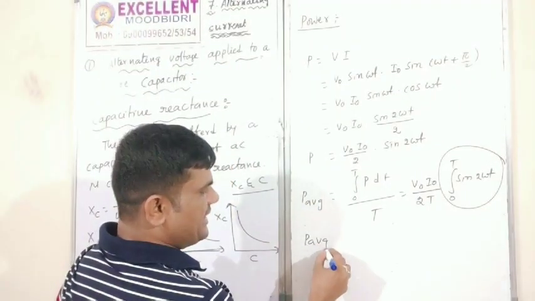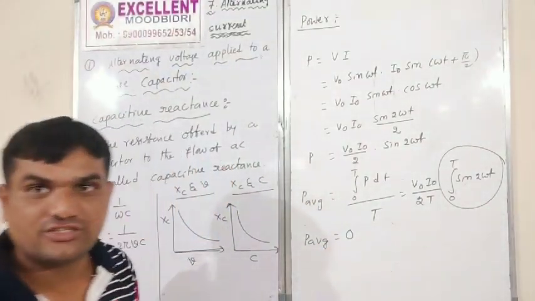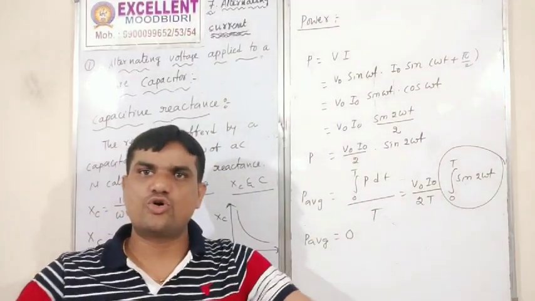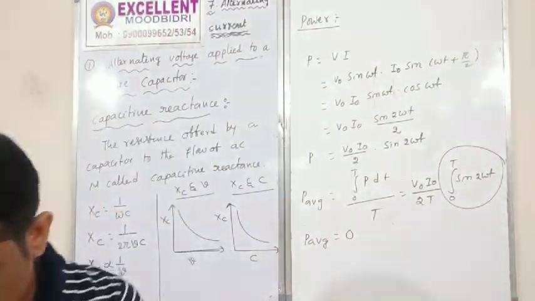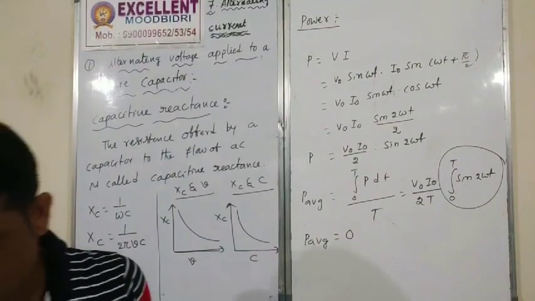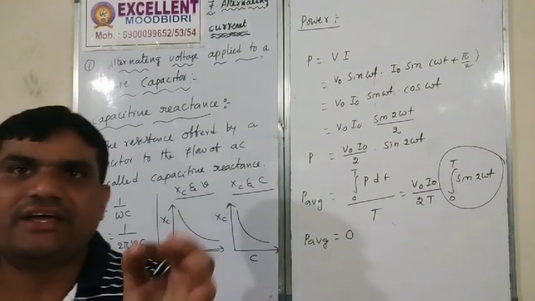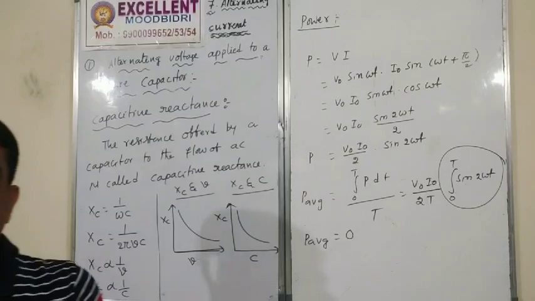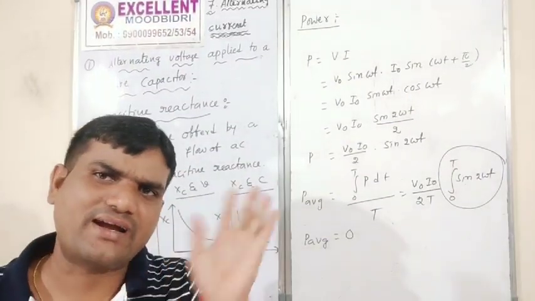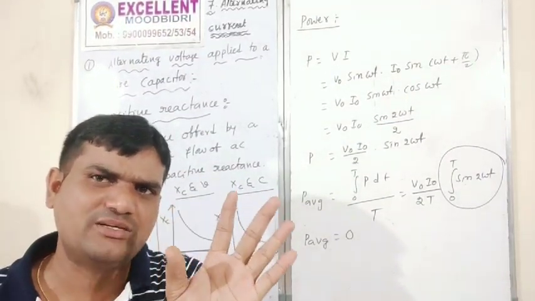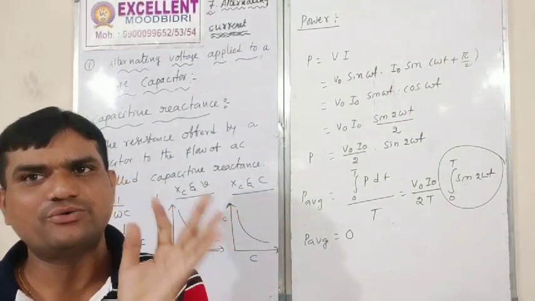Therefore, average power is equal to 0. There is no power consumption in a purely capacitive circuit. Remember, there is no power consumption in a purely capacitive circuit.